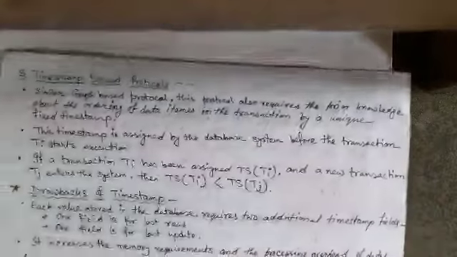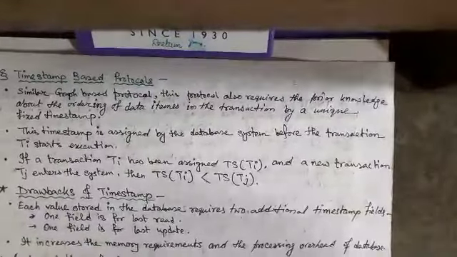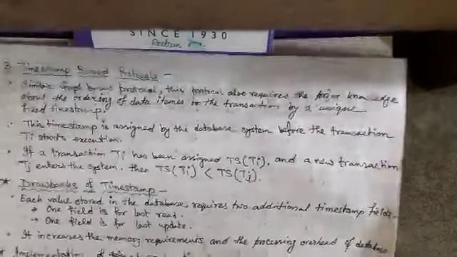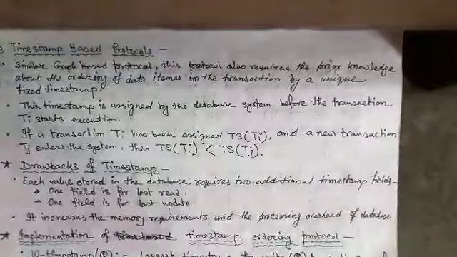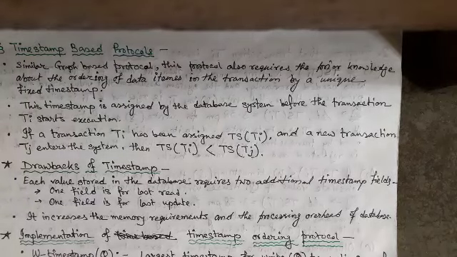So again we recap these things. The timestamp based protocol is the same as the graph based protocol, but a specific timestamp is given to every transaction, and that is unique. Here also we must know the prior ordering of data items, like in the graph based protocol.